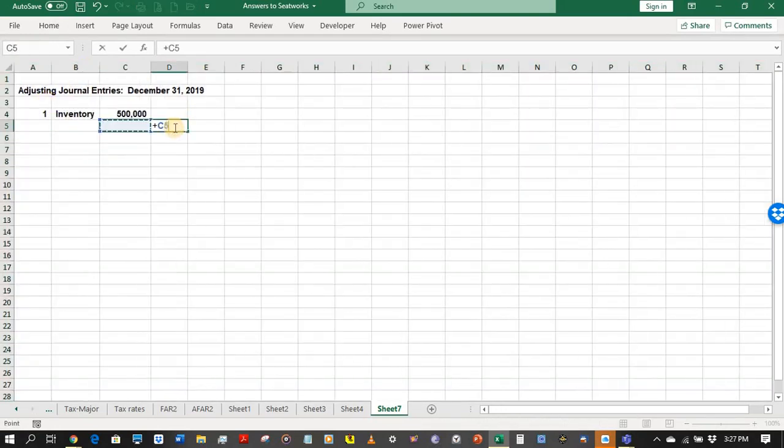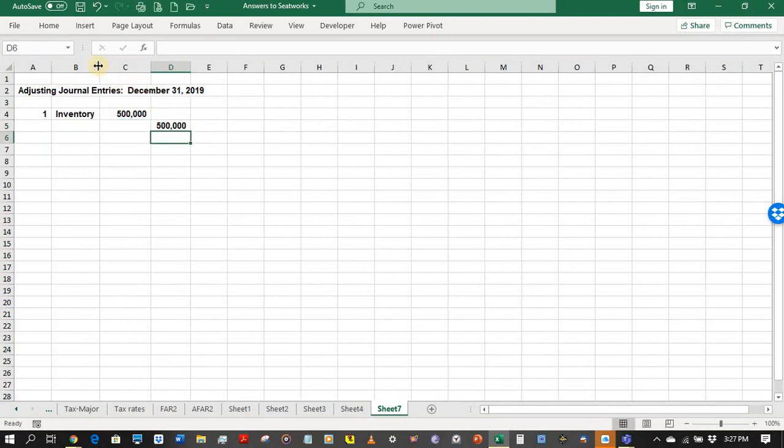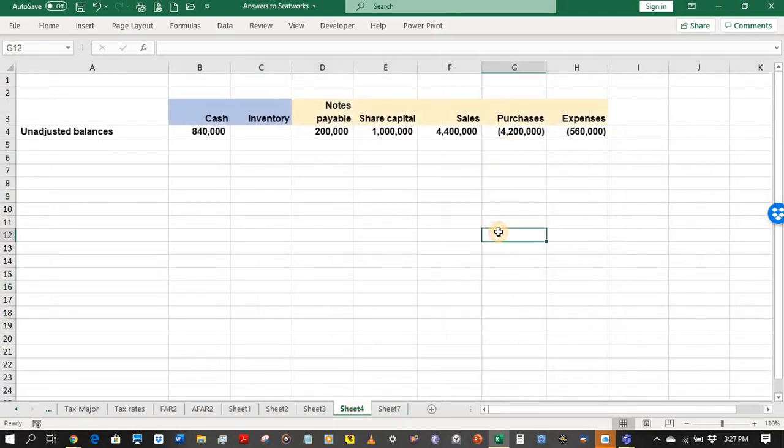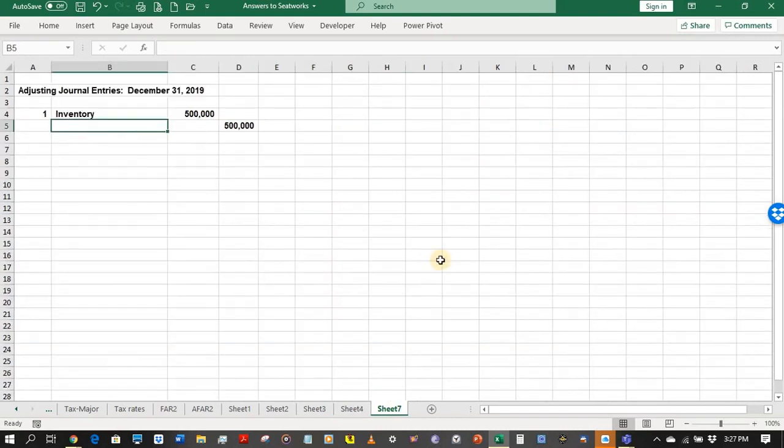Okay. So, anong credit natin? So, ang credit natin, syempre it depends on the inventory system na ginagamit natin. So, pag periodic inventory system, katulad nito, naka-periodic tayo kasi merong purchases na account. Ang credit natin is income summary.